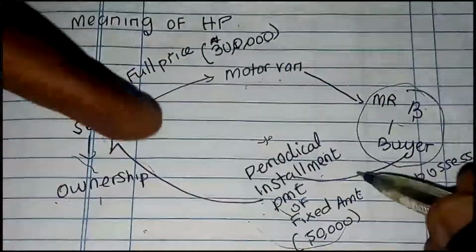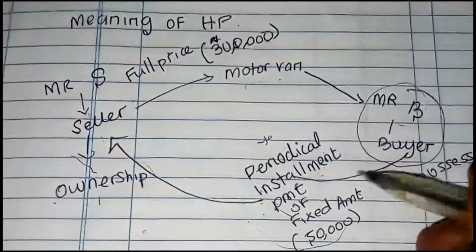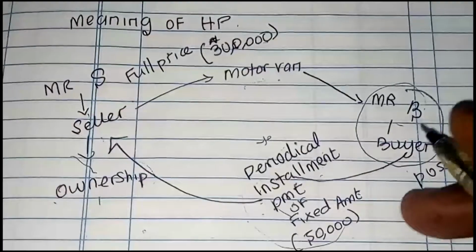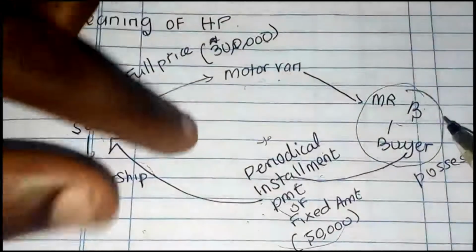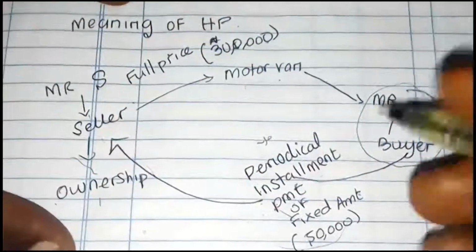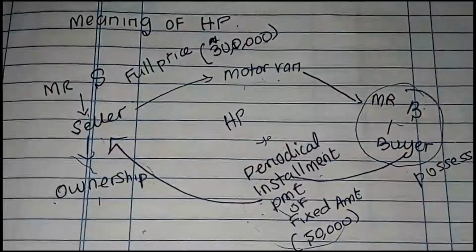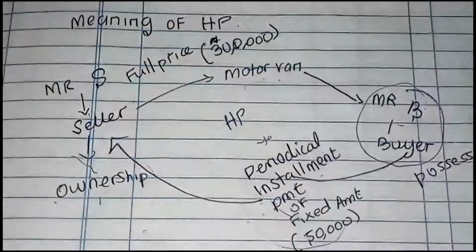Secondly, all the previous installments will be forfeited. Mr. B will lose the previous installments. So that is one thing about this arrangement, and this arrangement is called the hire purchase agreement.